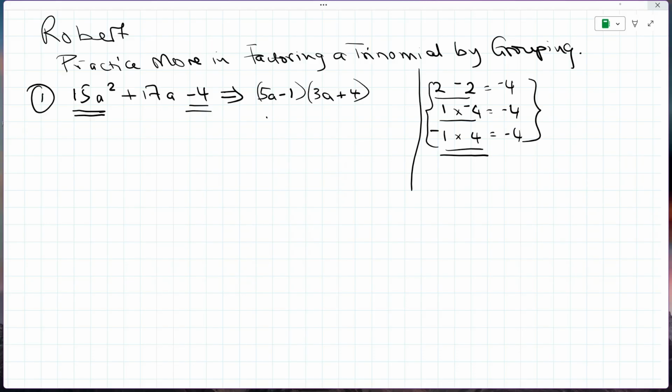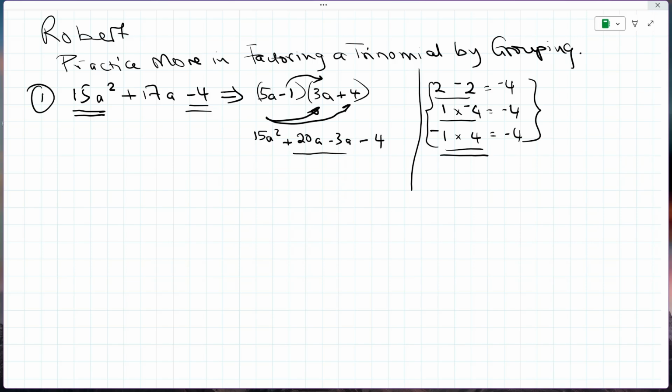So again, 5a times 3a will give us, of course, 15a squared. And then 5a times 4 will give us positive 20a. And then minus 1 times 3 will give us minus 3a. And then minus 1 times 4 will give us minus 4.